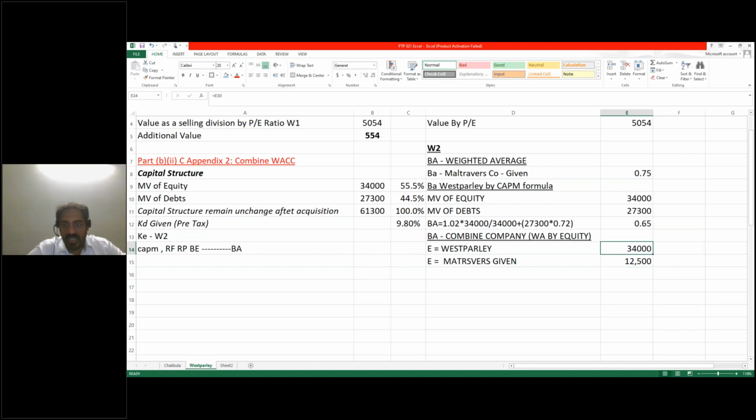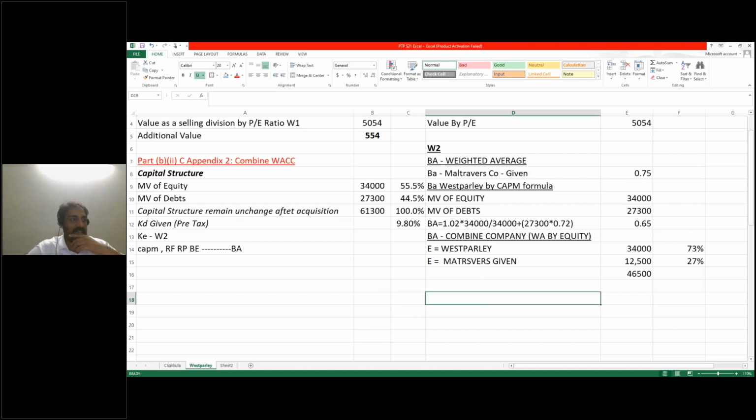So we can work it out with the proportion as well. It is equal to 34 divided by 46.5, that is 73 and 27. Okay.